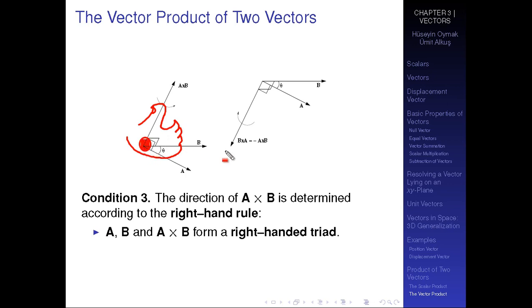Now, imagine that you grasp this line with your right hand and sweep your fingers from A to B through the smaller angle between them, that is theta, your upright thumb shows the direction of A cross B. In other words, A, B, and A cross B form a right-handed triad.